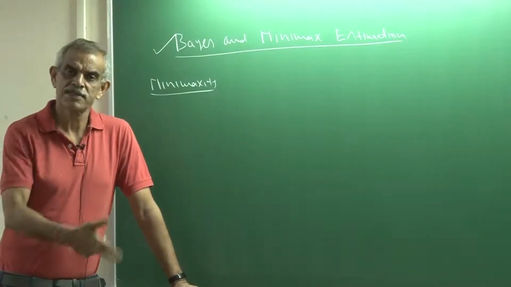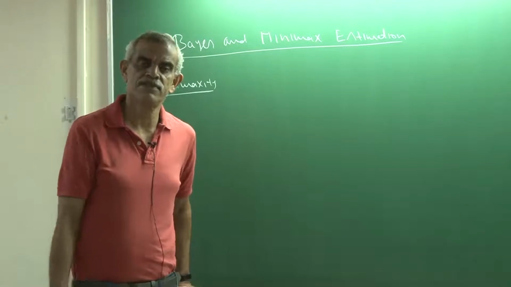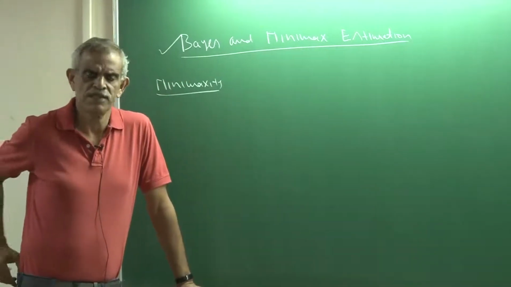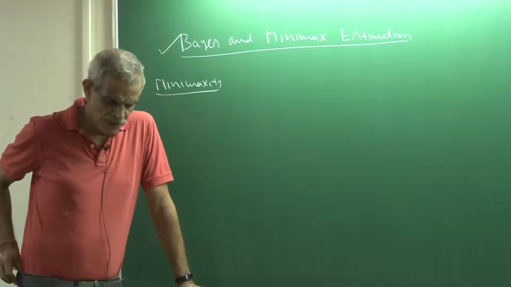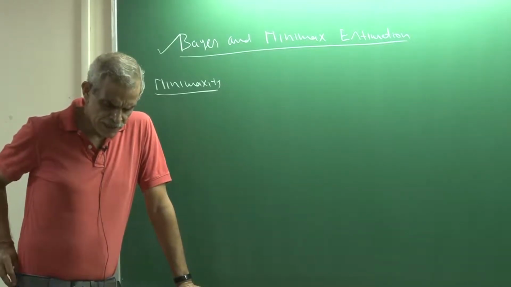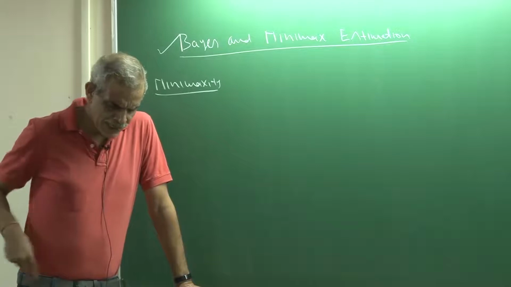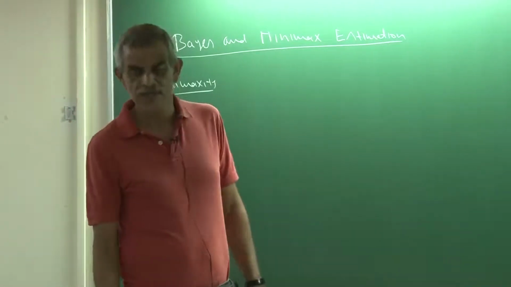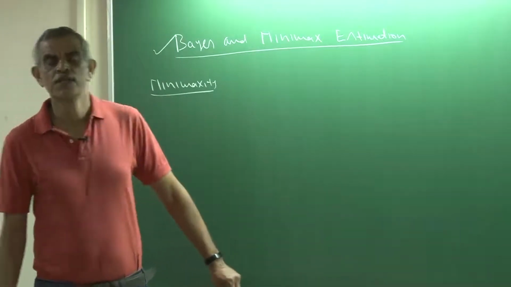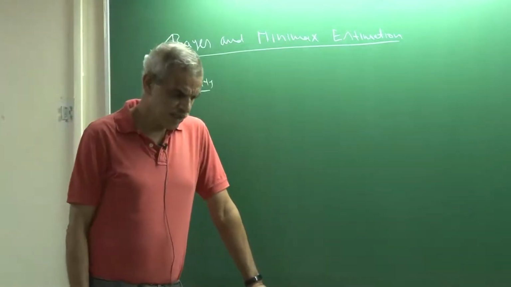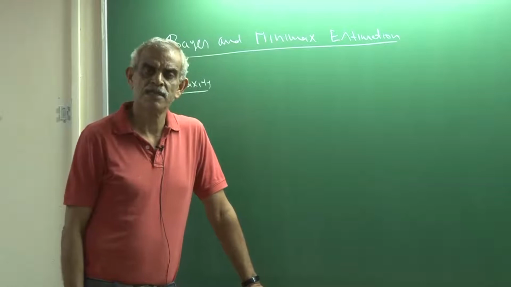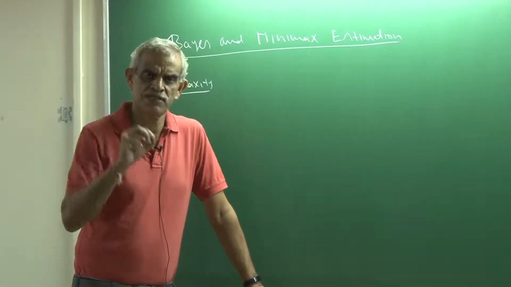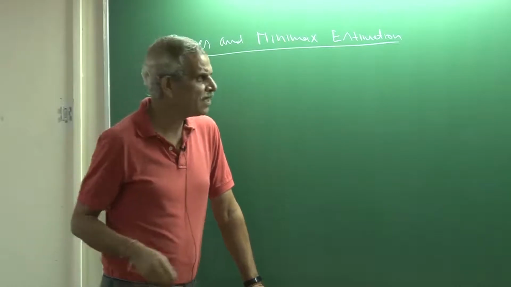If that happens, I readily have the minimax estimator available, and we saw an example of a binomial distribution. I also noted the point that, unlike in the case of usual risk comparison, when I talk about Bayes estimation or minimax estimation, the constant factor which depends on theta and is associated with the loss function plays an important role.